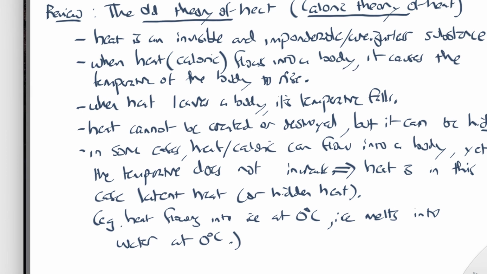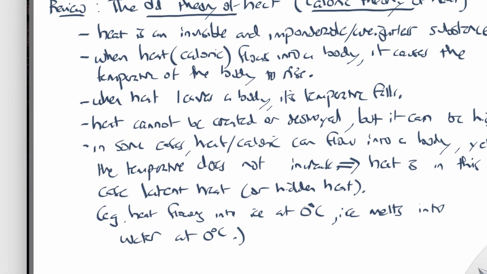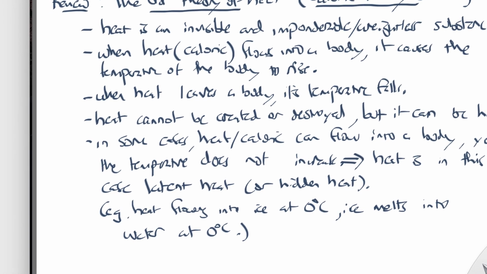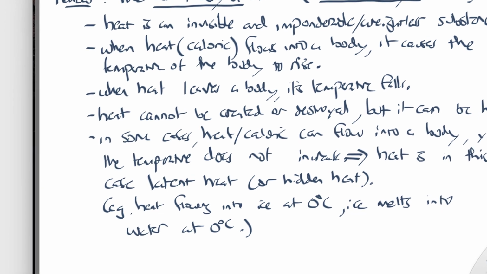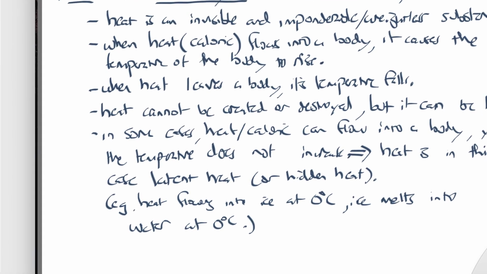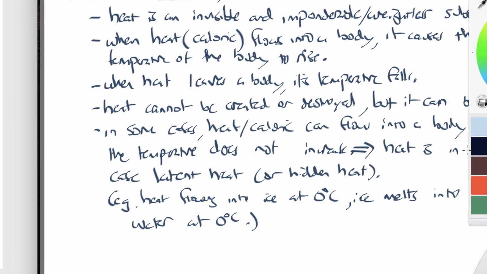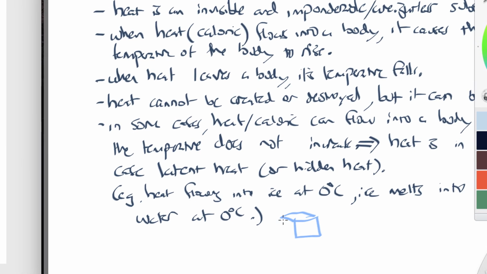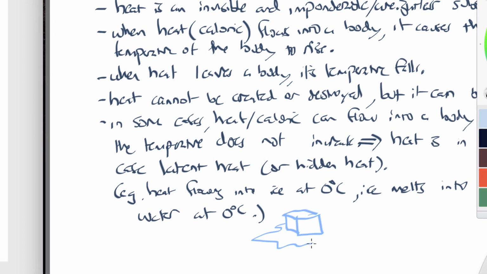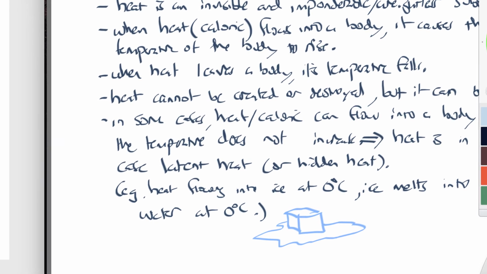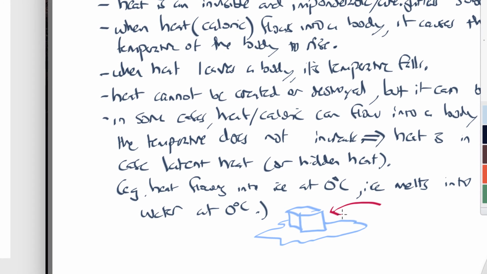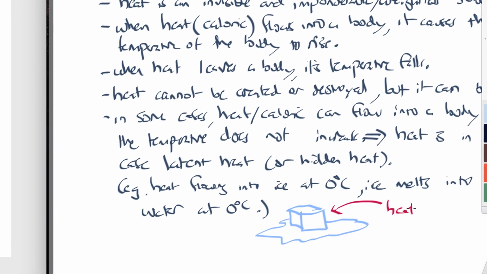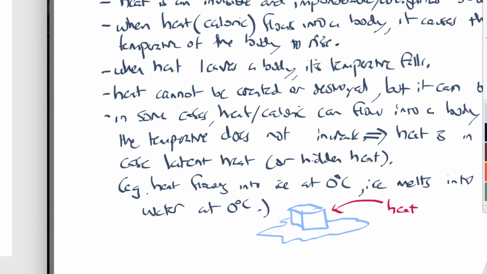So you have heat flowing into something, and it causes a change in phase. The ice goes into water, but the temperature of the water is the same as the temperature of the ice, which had been at 0 degrees Celsius. So you imagine this heat going into the ice, melting it, but the temperature stays the same.